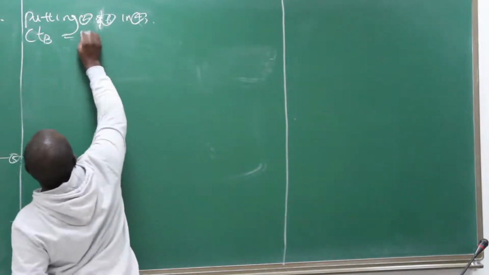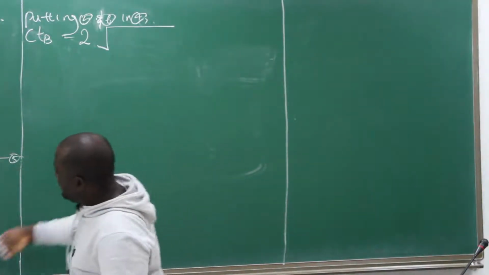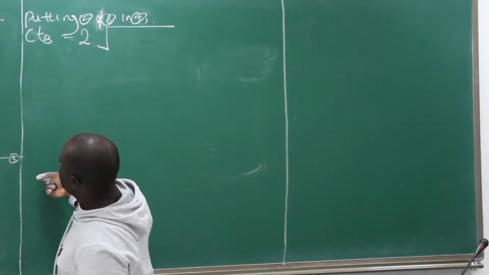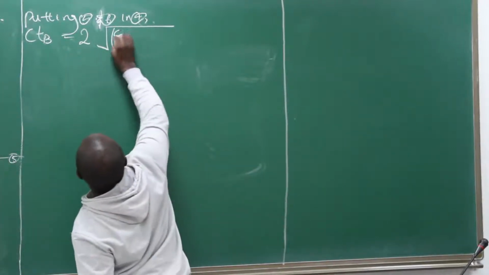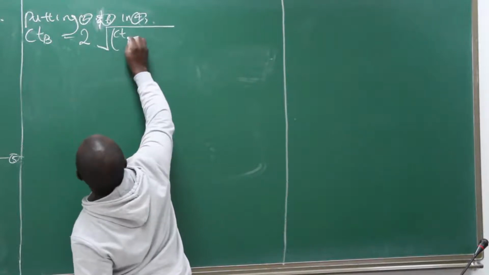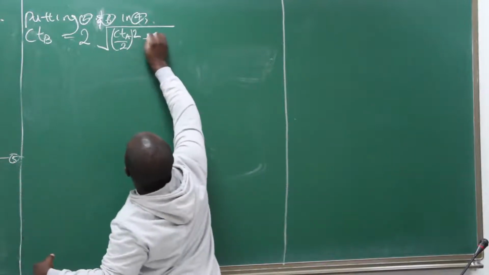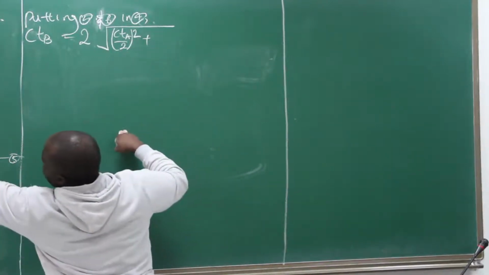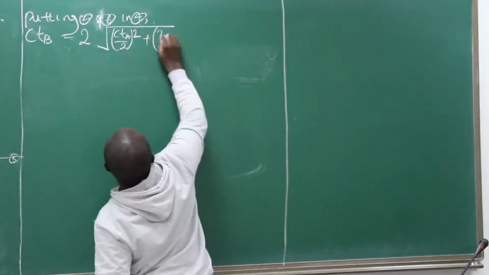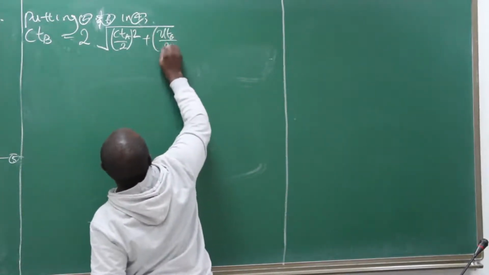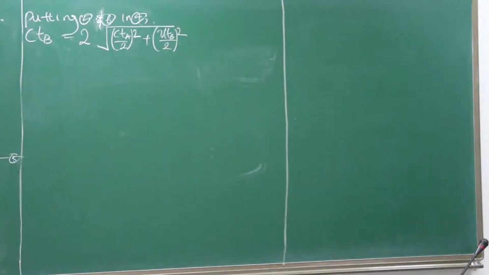Is equal to 2 square root of, what is D now? D is the whole of this. So we are going to have CTA all over 2 squared. Remember, we have to put that square there. Plus, what is delta x? Delta x is UTB. So we have UTB all over 2 squared. We have something like this.